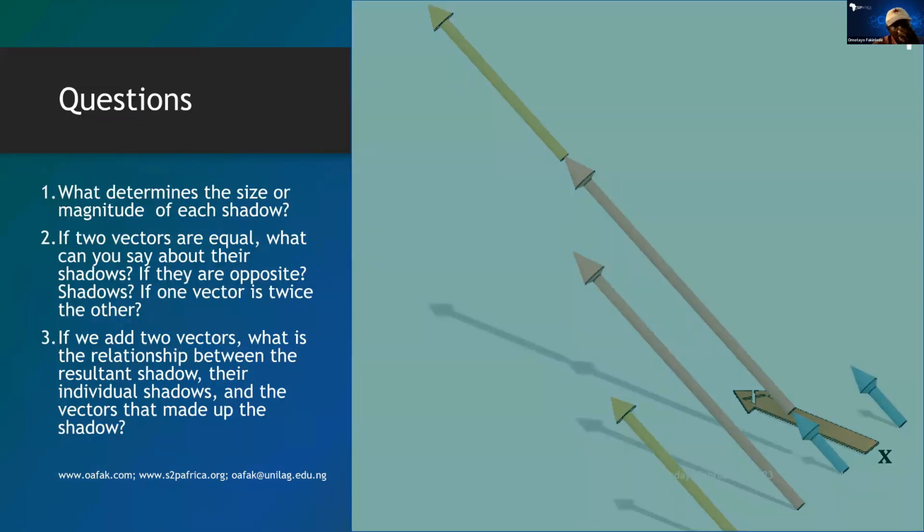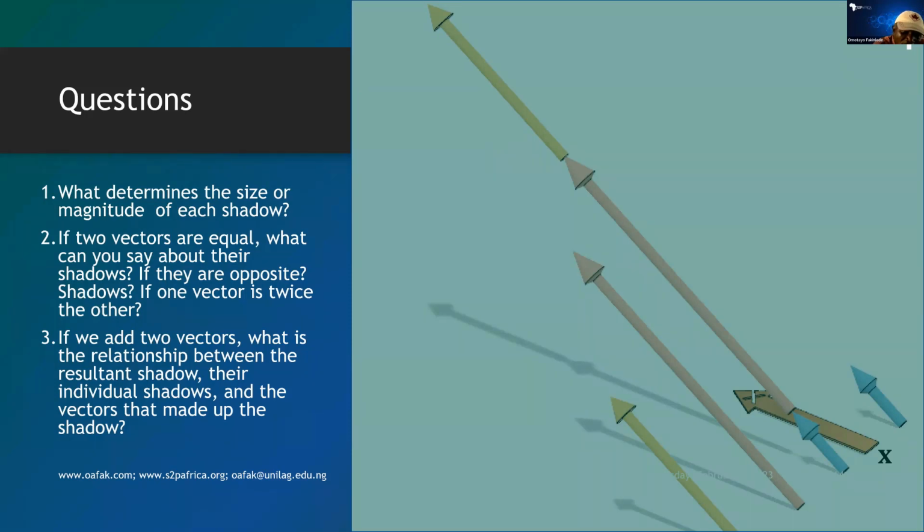So, questions. Question 1. What determines the size or magnitude of each shadow? In a tensor transformation, what determines the output? If two vectors are equal, what can you say about their shadows? If they are opposite, what can you say about their shadows?